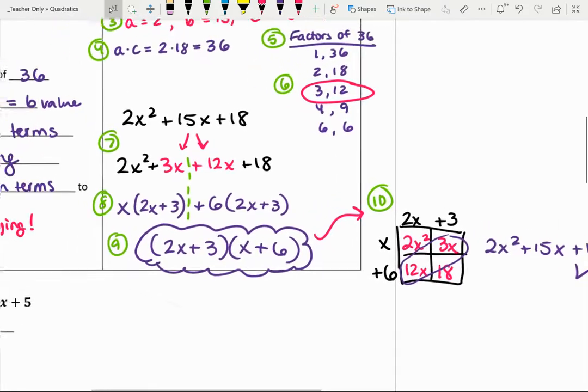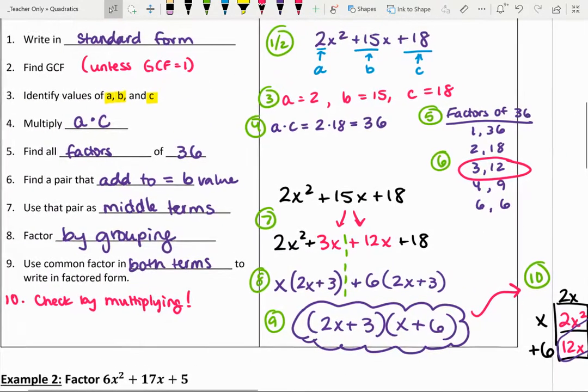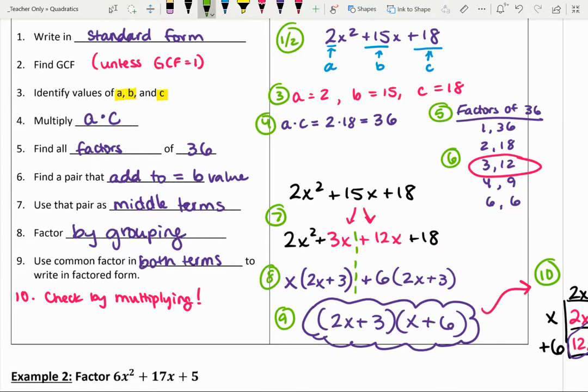So yes, it's a lot of steps, but the steps are very much always the same. And again, our goal is to be able to factor by grouping. So it's really these middle steps that maybe take the most thought.